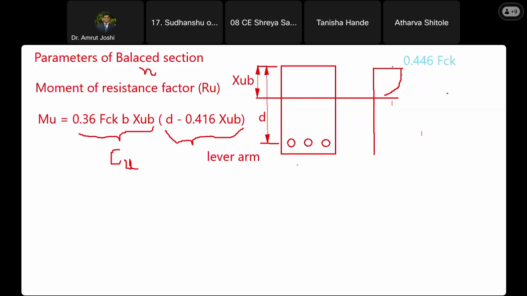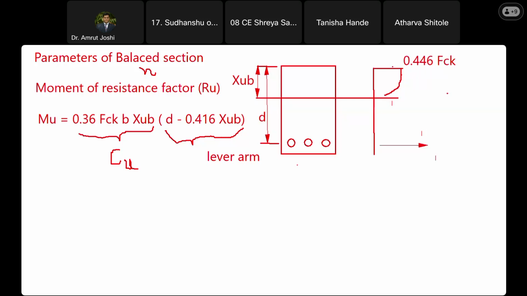If I show it on the left hand side of this cross section, then it is going towards the left. It has to go away from the cross section. So I will show that tensile resistance or tensile stress in this fashion.